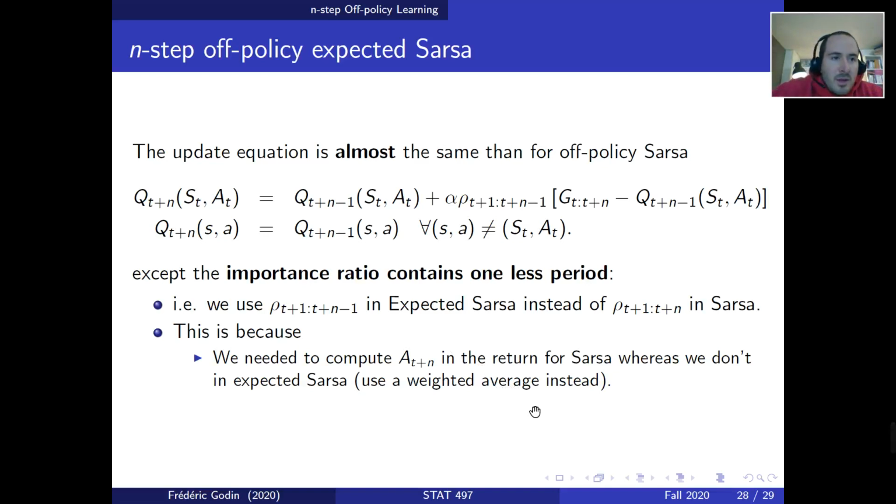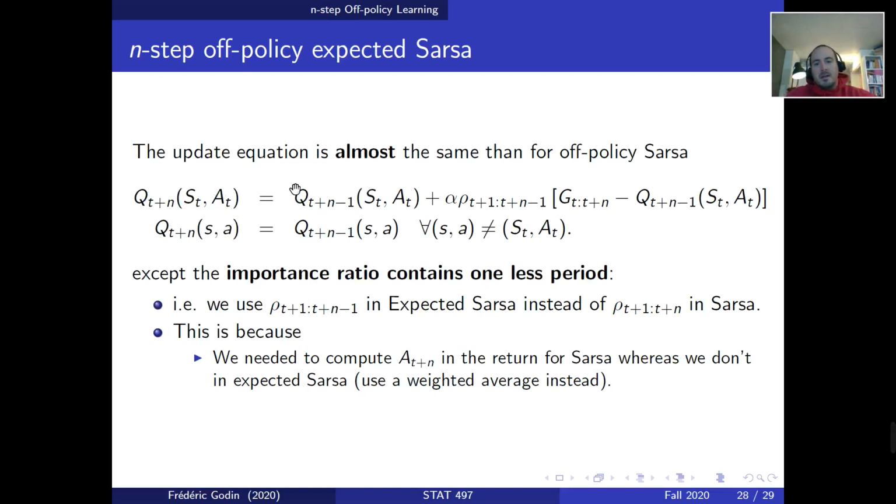And now, this defines the target. Now, what is the update rule? Well, it's almost identical to off policy sarsa. So again here, at time t plus n, you only update your estimate for the state S_t and action A_t, and then you use the following rule.